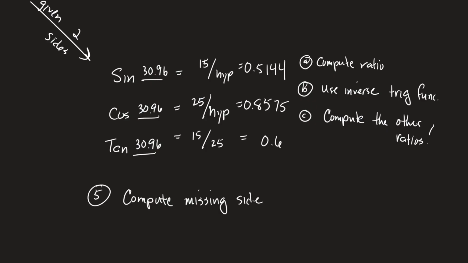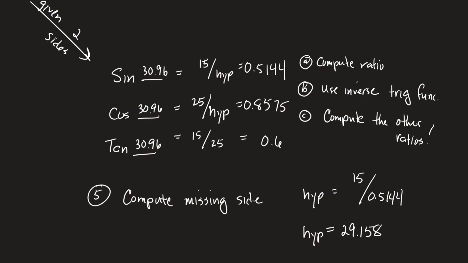So that's going to be hypotenuse equals 15 divided by 0.5144. I get 29.158. Is that what you guys got?